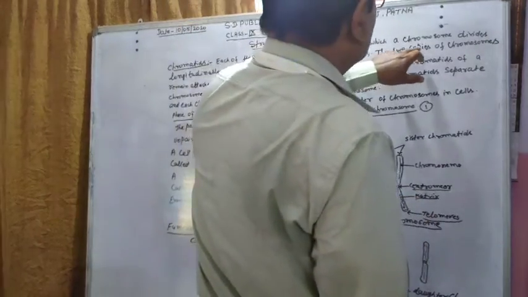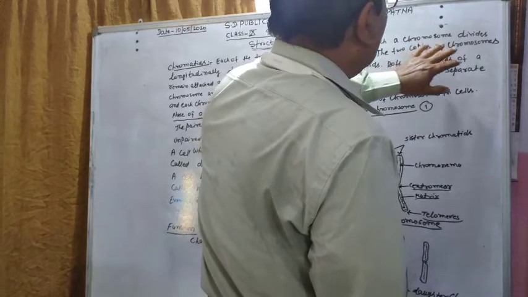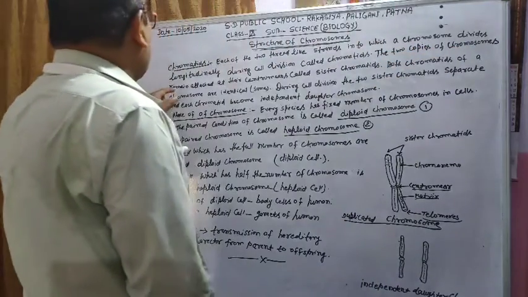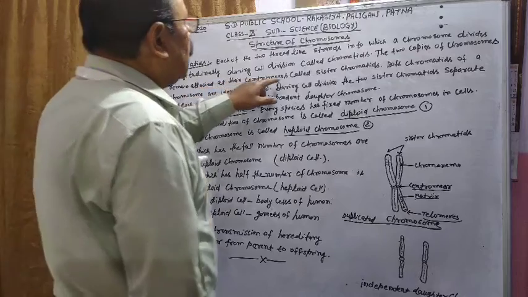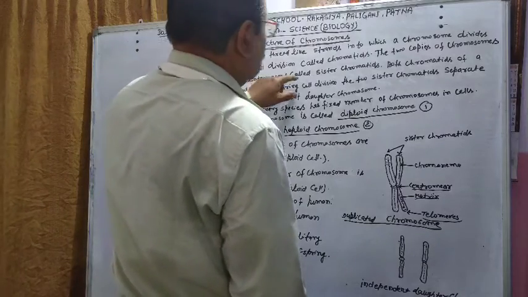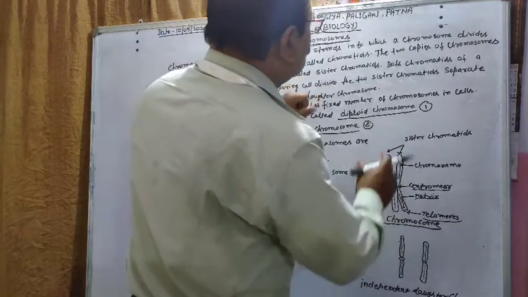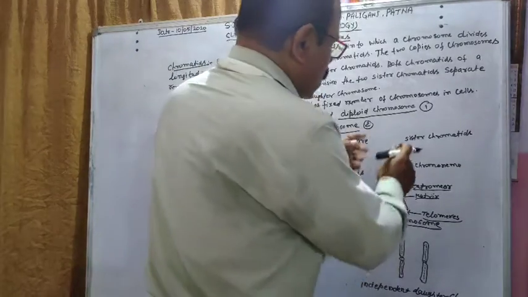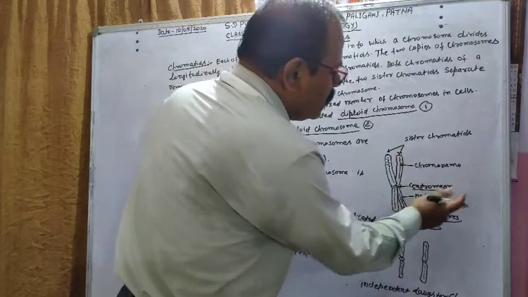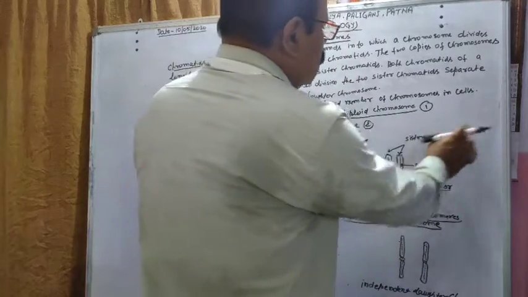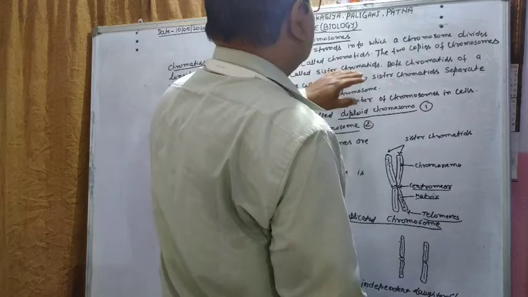The two copies of a chromosome remain attached at their centromere, called sister chromatids. Two chromatids attached at the centromere are sister chromatids.